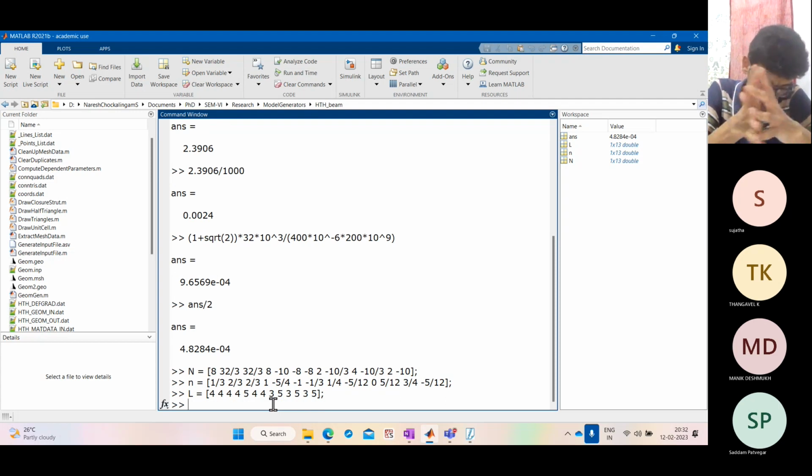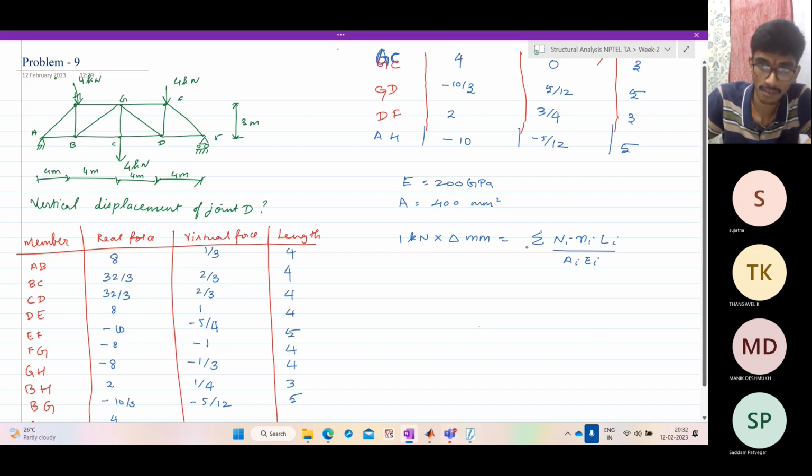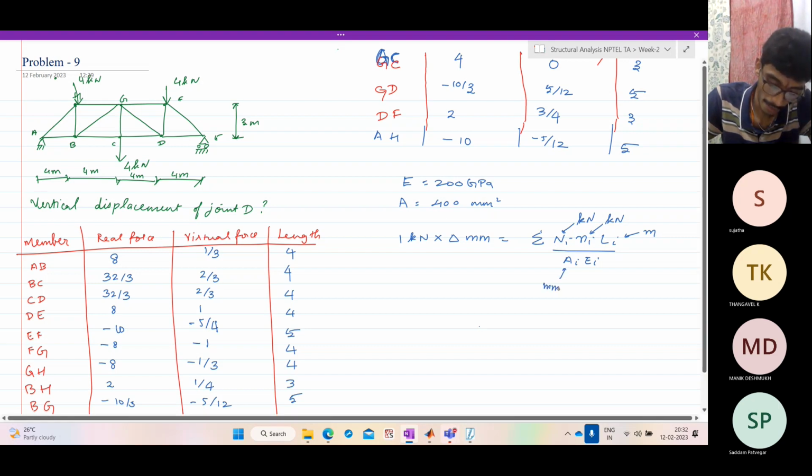So now, on the right hand side, this is in kilonewtons, this is in kilonewtons, this is in meters, this is in mm square.